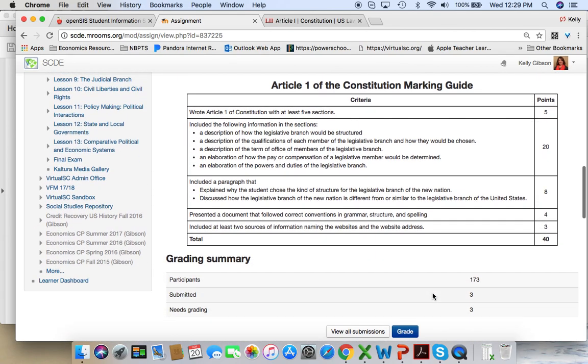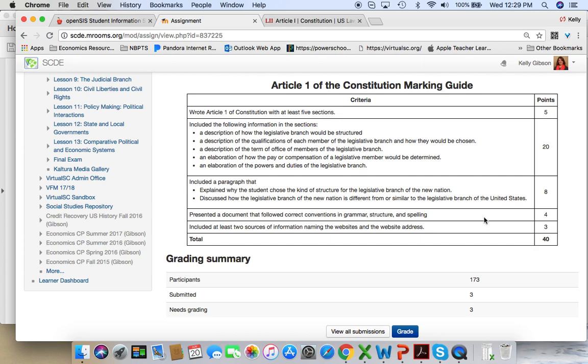And then here's the marking guide. So, first part, did you write Article 1 with 5 sections? That's 5 points. Did you include the 5 sections that were required with the information? Then you have your paragraph that explained why you did what you did and how it's similar or different.